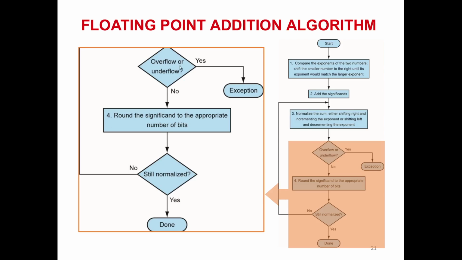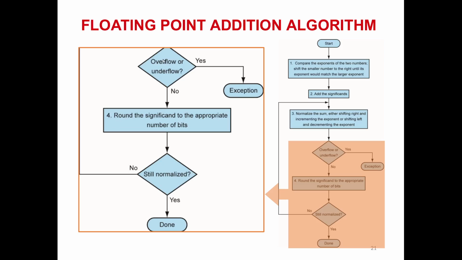And then we need to check whether overflow or underflow occurs or not. If underflow or overflow occurs, we will need to give an exception, which shows that the result can't be shown by the current precision floating point.